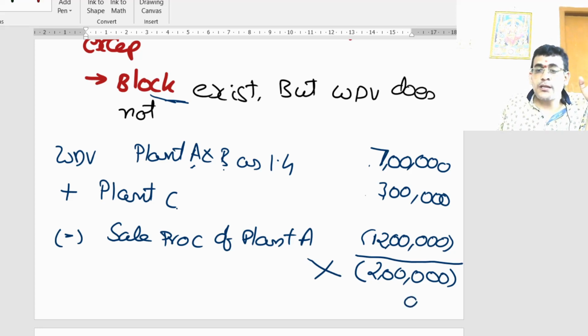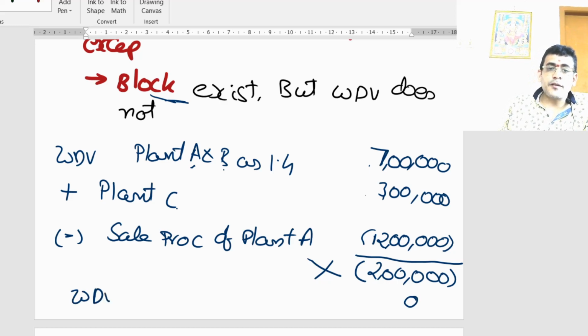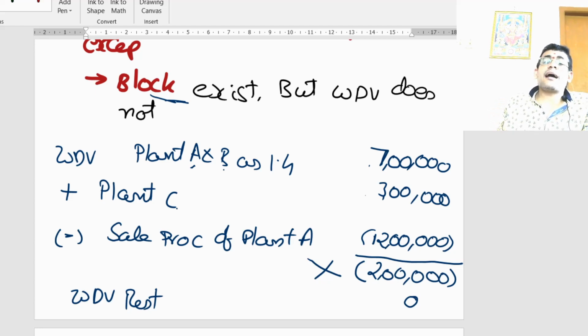So what do I have to consider? WDV restricted to 0. That means for the sale proceeds, I am restricting them to 10 lakhs. Then only can I restrict my WDV to 0. Otherwise, I can't restrict my WDV to 0. I cannot have a negative WDV. That's the reason you are restricting your WDV to 0.